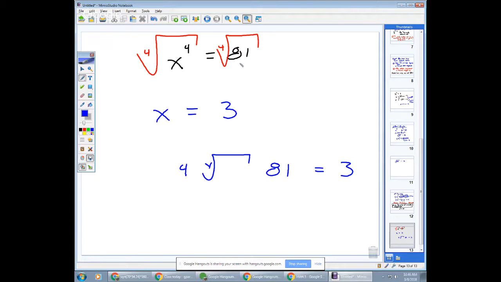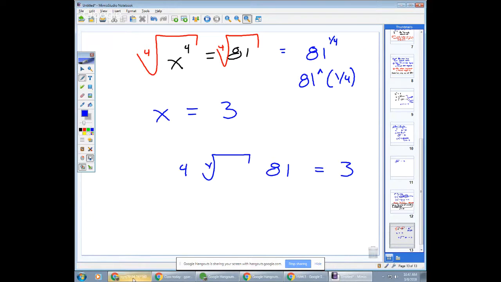Another trick to doing that, the 4th root is the same thing as a power of 1/4. So on a calculator, I could type 81 raised to the power parentheses 1/4. So try that on your calculator right now. See if you can get that to work out as a 3.